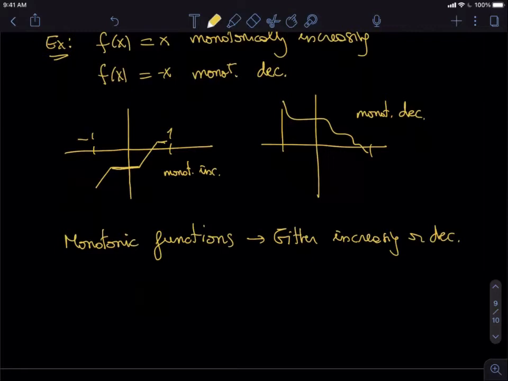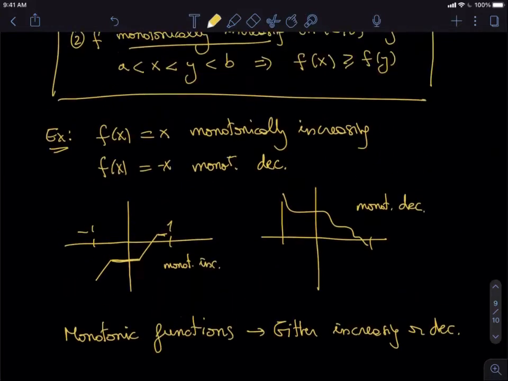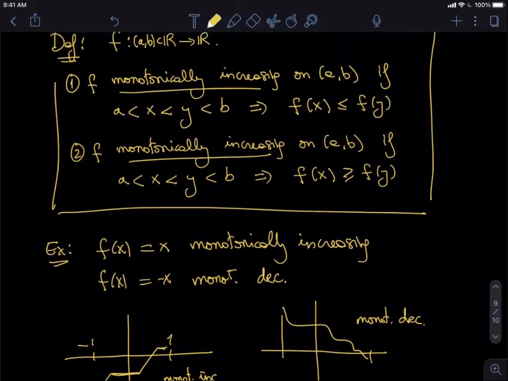Sometimes instead of monotonic, we will see it written as monotone. That's also the same thing. And depending on the books, they will make a distinction between increasing or decreasing, and non-increasing, non-decreasing. Now I just realized I should have written here decreasing, because decreasing corresponds to bigger or equal.